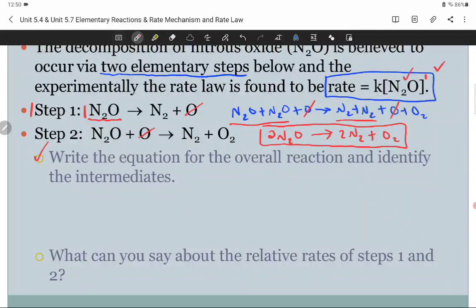And what's the coefficient in the rate determining step, the slowest step? 1. So step 1 is our slow step, we could call it. We could call it the rate determining step. Either of those would be correct.